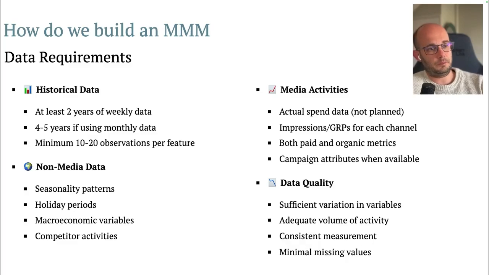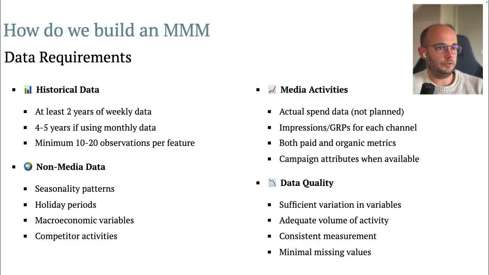On the media activity side of things, you need your actual spend data, and this is very important. It needs to be your actual spend data, not your planned spend data. It needs to be built on what actually happened, not what you thought should have happened.